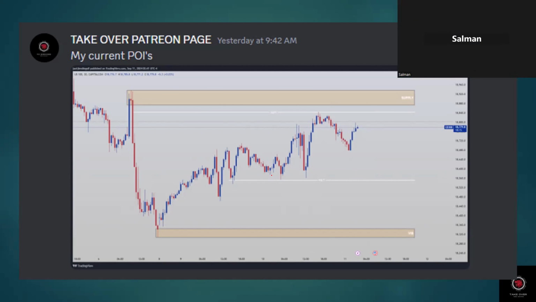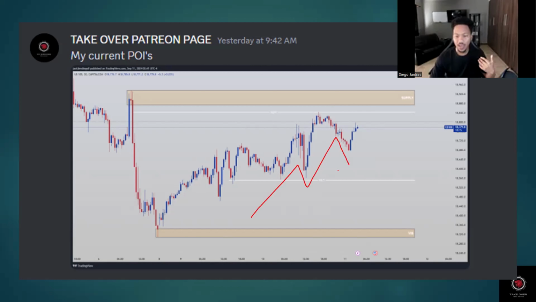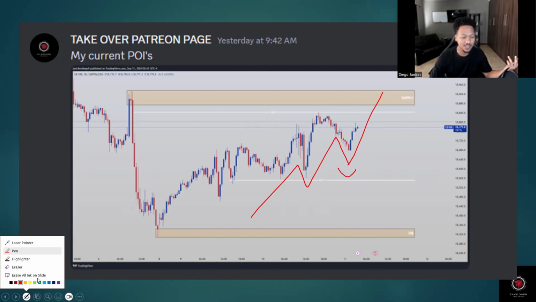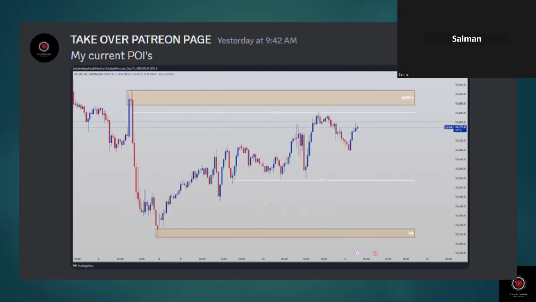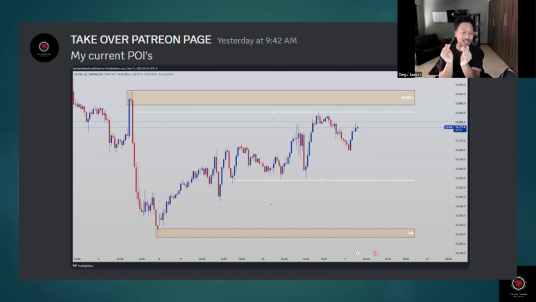But if you see us coming back into a point of interest below price for some beautiful longs, then the same thing applies as well. It just so happens that we had some corrections this week. And nine times out of ten, this was during our trading hours, during the New York Open.